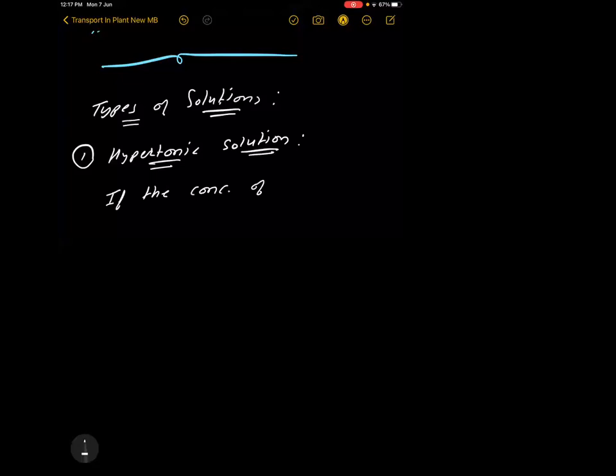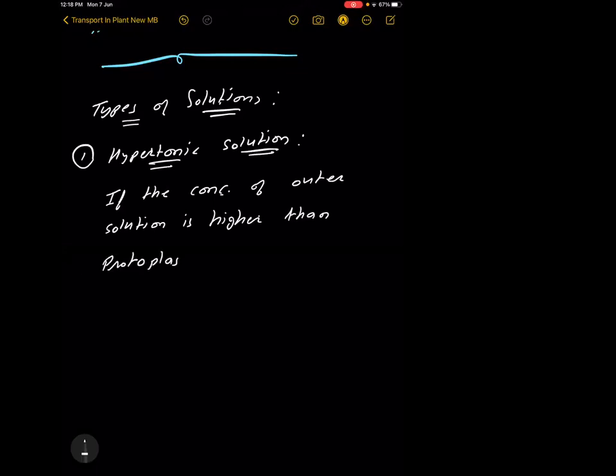If the concentration of the outer solution, meaning the solution in which the cell is placed, is higher than the protoplasm of the cell, it is called a hypertonic solution.